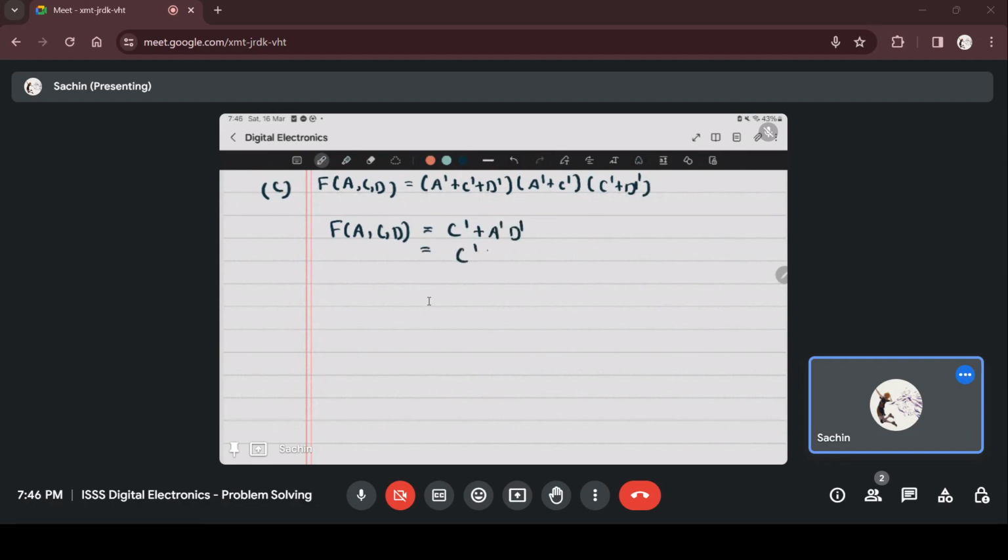Again, you complement it twice, C prime plus A prime D prime complemented twice. Then use De Morgan's law to simplify the inner complement, which will be C and A prime D prime complement, the whole complement.